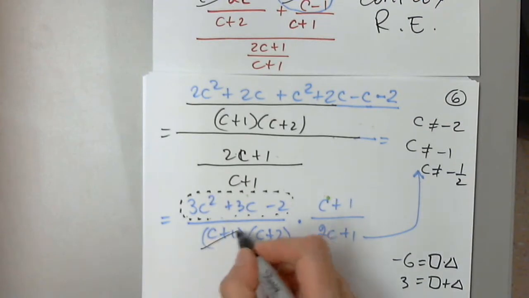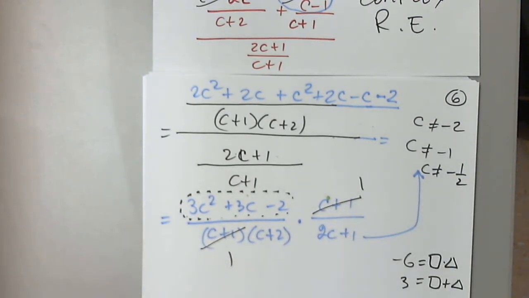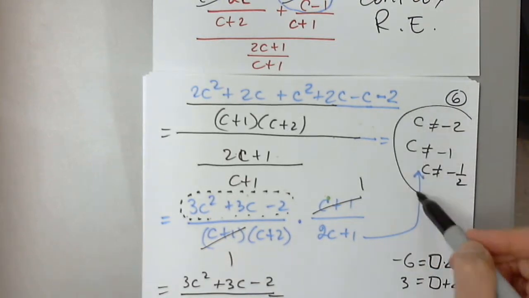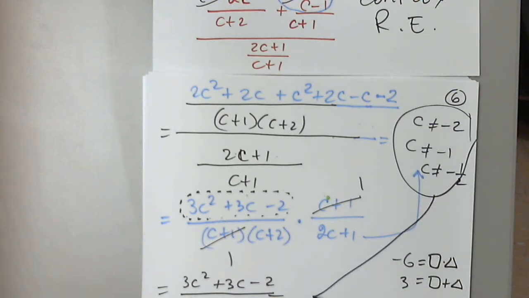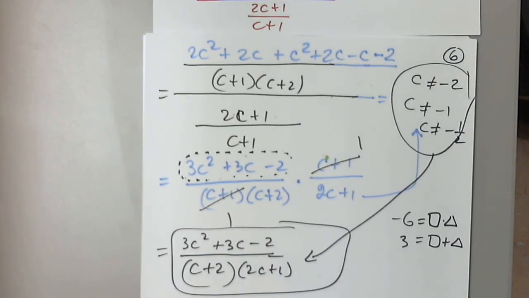So the only simplified factor will be this, nothing else. So 3c squared plus 3c minus 2 over c plus 2, 2c plus 1, only when these restrictions are fulfilled. That is part of the answer. They may not say that in your book, but that's the correct answer.